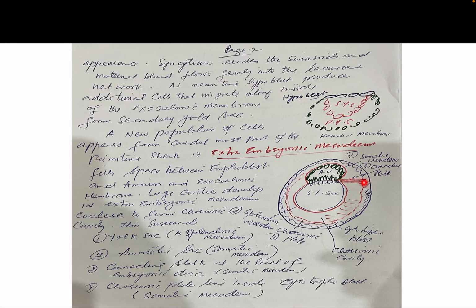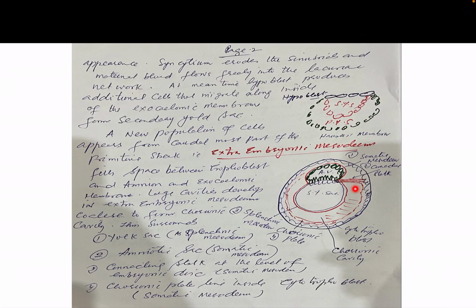Now the connecting stalk is from the chorionic plate up to the embryonic disc. This is number 4. So the extraembryonic mesoderm, which we'll talk about later on, derived from the caudalmost part of the primitive streak, fills this whole space.